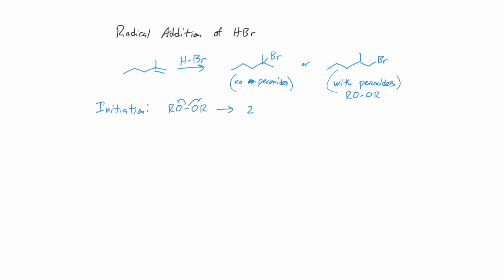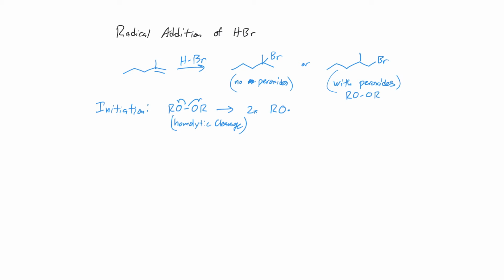And we make two RO radicals. And this is homolytic cleavage, if you're following along with the 6 different types of radical patterns.